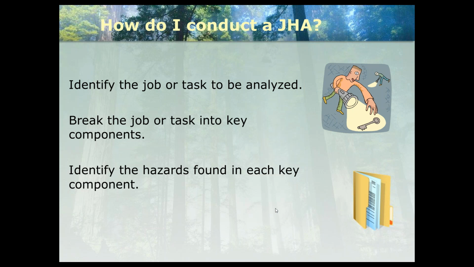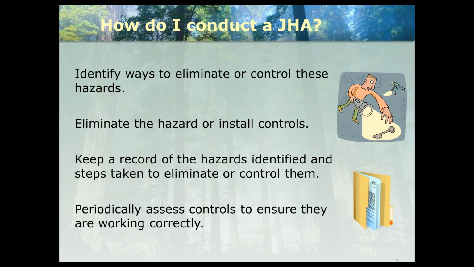And then what hazards are associated with step two? And on down the line, and you can fill out a nice little chart, and we'll get more into that. Then identify ways to control these hazards. That's pretty much column 3 per se. And we'll get into the nuts and bolts of how it's set up. But for each job, there's job steps, and then for each step there's hazards, and then along with each hazard you identify ways to eliminate or control these hazards, and that's kind of like column 3.